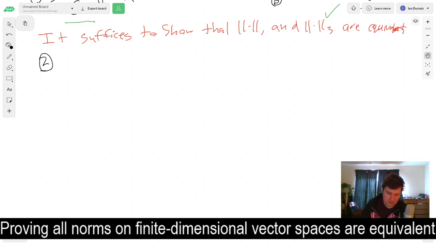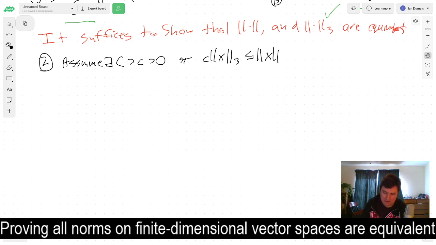So assume there exist big C less than little c less than 0, such that this equivalence statement holds for some x, for some norm A. Is there any reason why I can't just go norm 1 now?